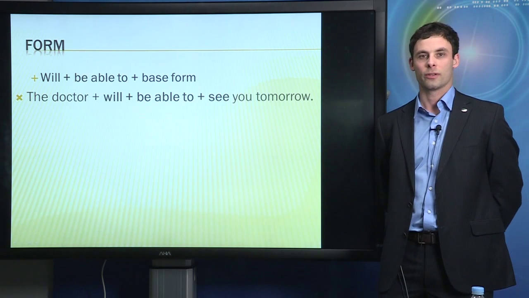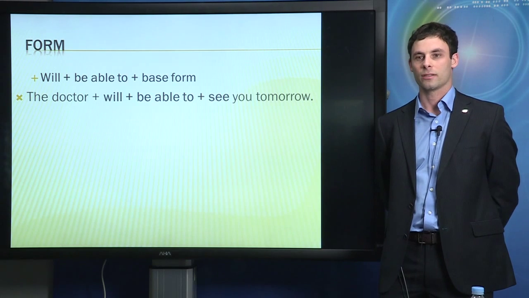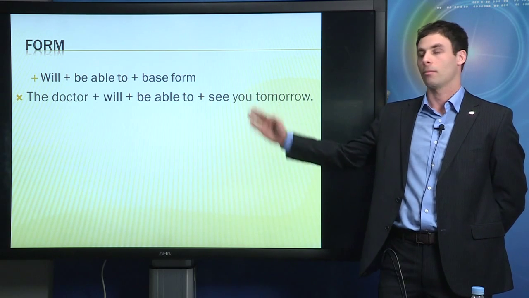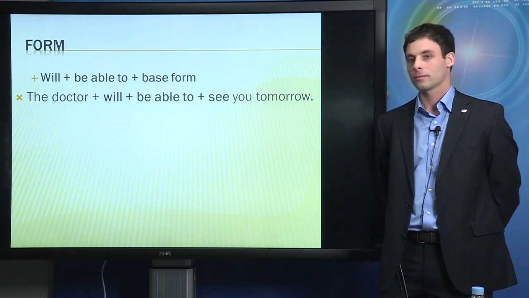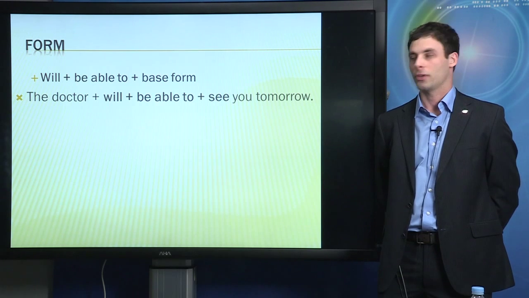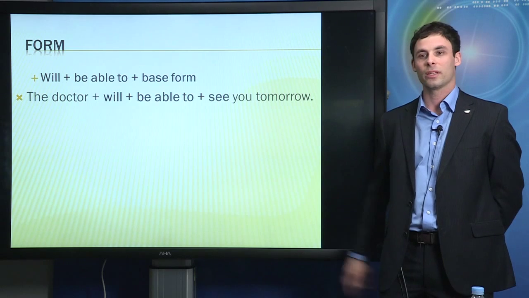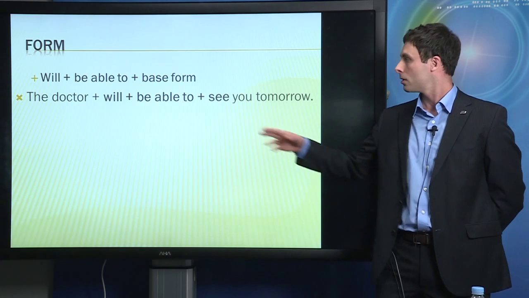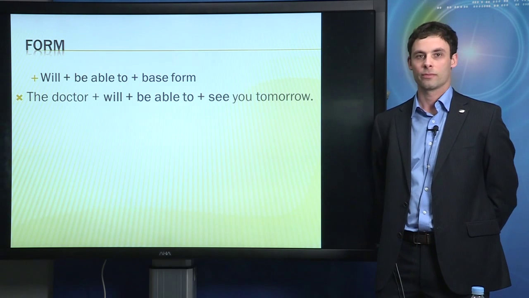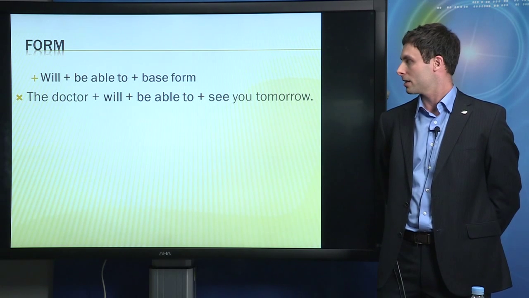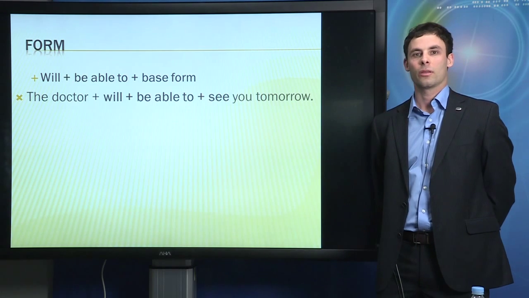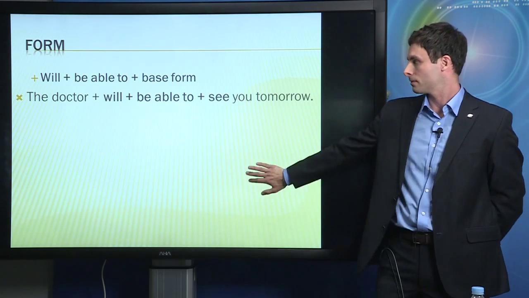So to the first one, future possibility. How we make the future possibility, its form. Will, be able to, and then the base form of the verb. So keeping the same context as the book, the doctor will be able to see you tomorrow. So in this instance, we have will be able to, the possibility in the future.